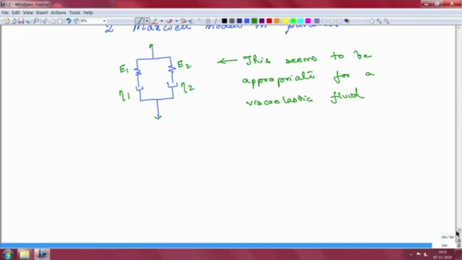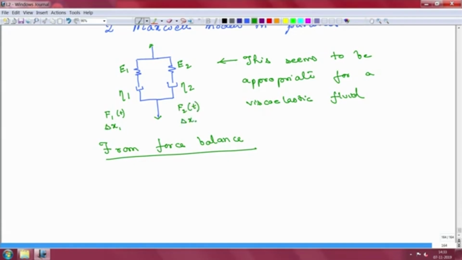Okay. So, now we have to figure out the correct constitutive relationship for this. Now, because they are in parallel, from force balance we can say, so let us say that the forces in them individually are F1 and delta X1, and here you have F2 and delta X2.